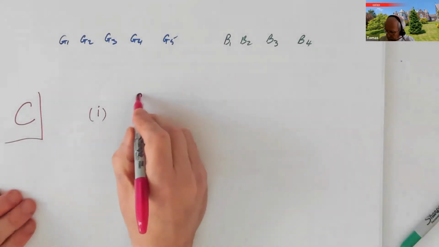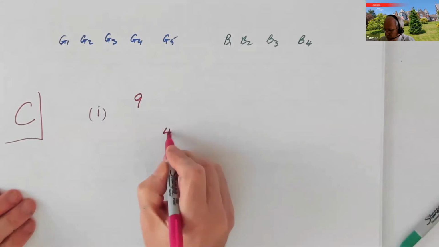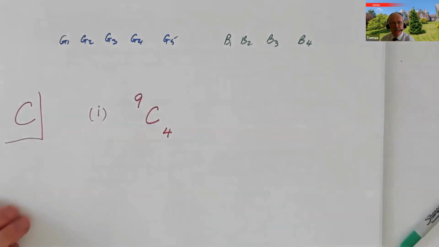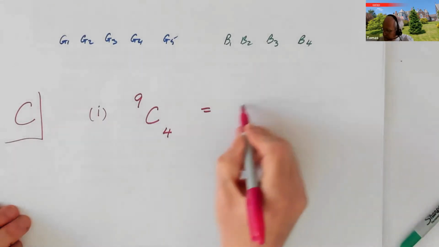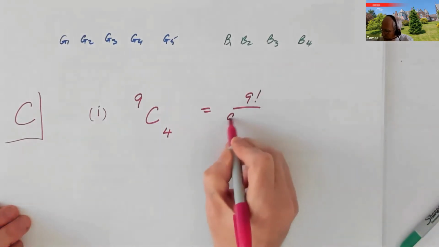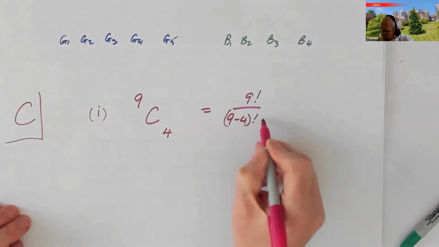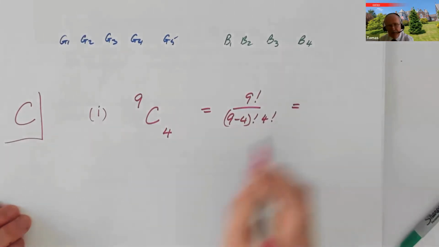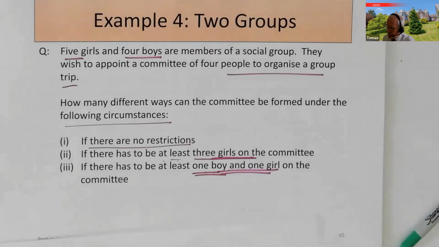So there are 9 people. I want 4, and it's a combination, because the order doesn't matter. So the answer is 9 factorial over 9 minus 4 factorial, 4 factorial. And whatever that turns out to be. That's if there are no restrictions.